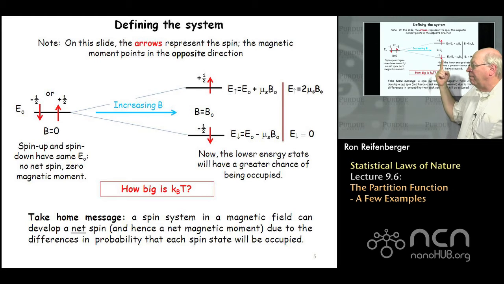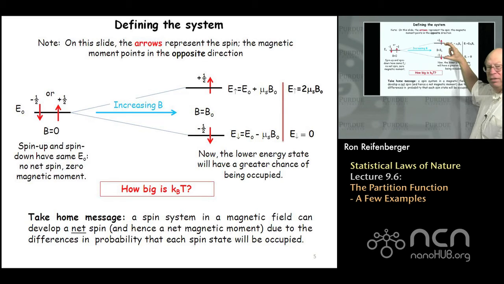And what basically happens is the energy of this spin down state decreases from this value E0 by a quantity that's just equal to the magnetic moment of the electron times the applied magnetic field. In contrast, the energy of the spin up electron increases by the same amount from its energy eigenvalue when the applied magnetic field is equal to 0. So these are the two states that develop as the magnetic field increases.